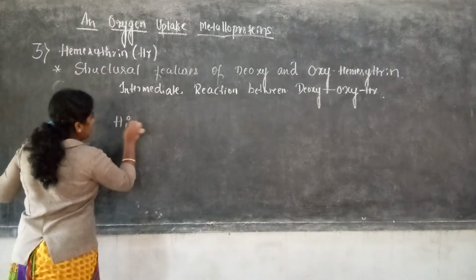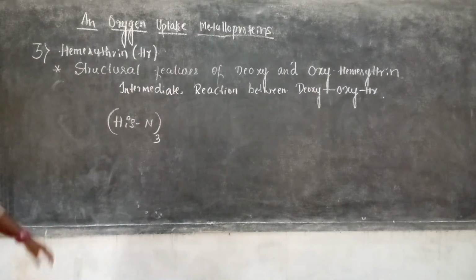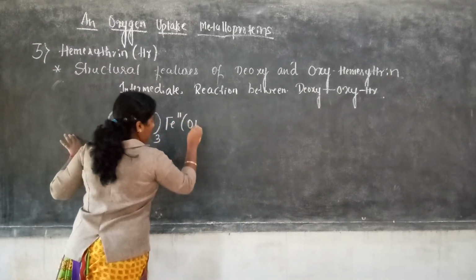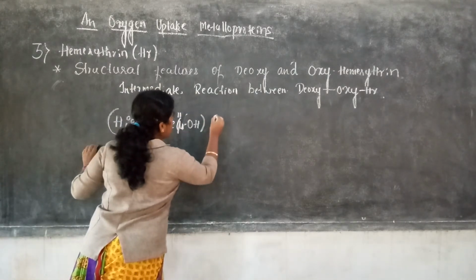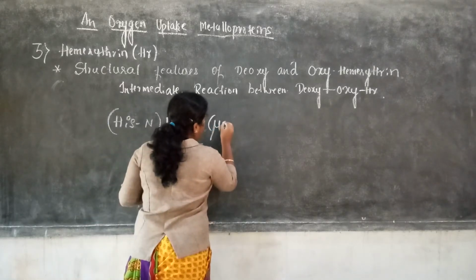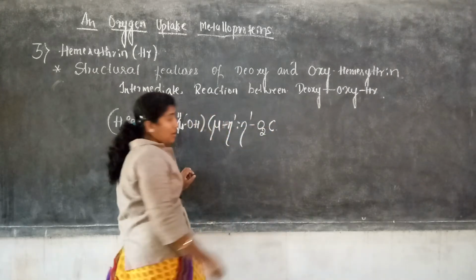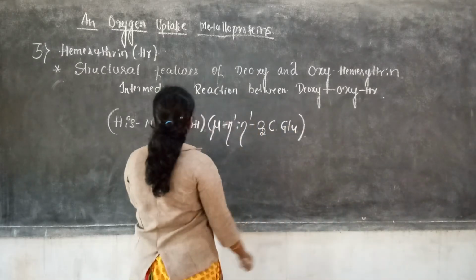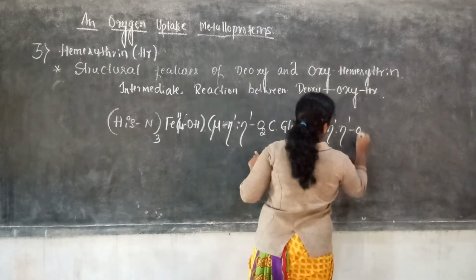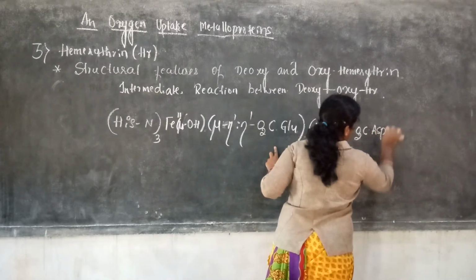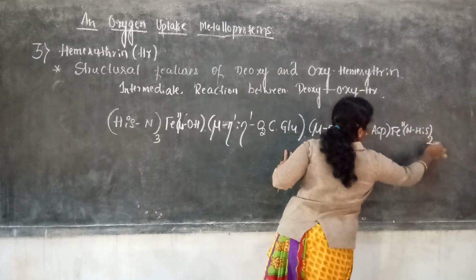So, histidine, histidine, Fe, OH, mu-OH, then mu-eta1-O2C glutamate, then mu-eta1-O2C aspartate, Fe2 and histidine twice.